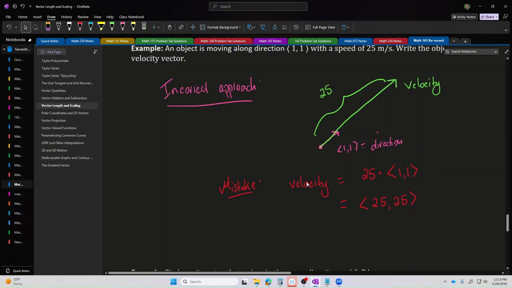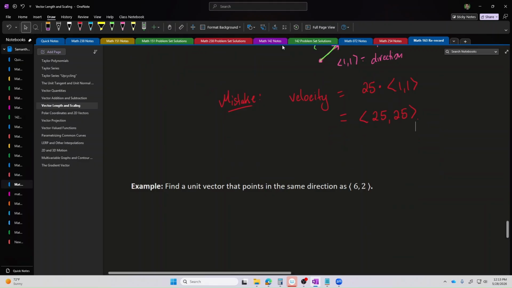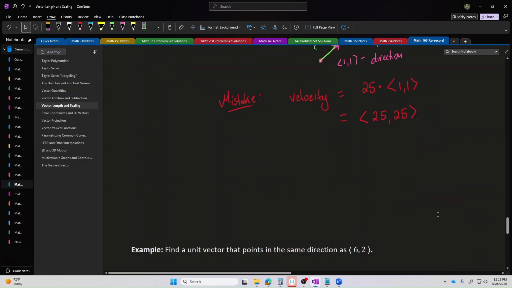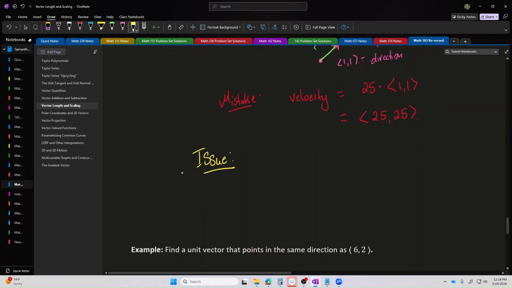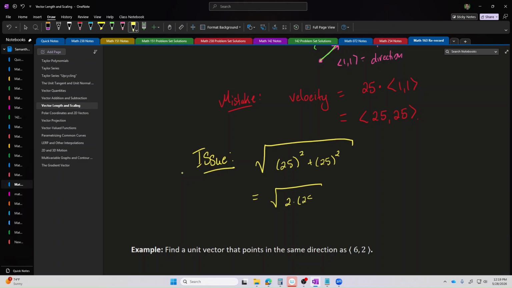I claim that this velocity vector is incorrect. I claim that this velocity vector is actually longer than it's supposed to be. Let's go ahead and check the length of this velocity vector that we've made. Using the standard Pythagorean theorem, I have 25 squared plus 25 squared under the root here. So that's 2 copies of 25 squared.